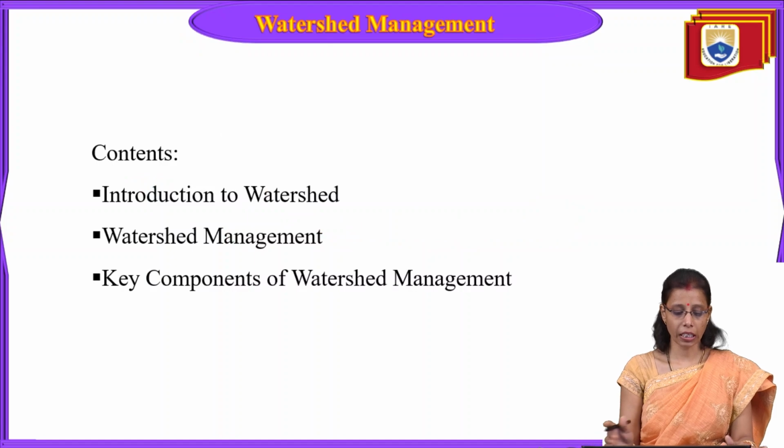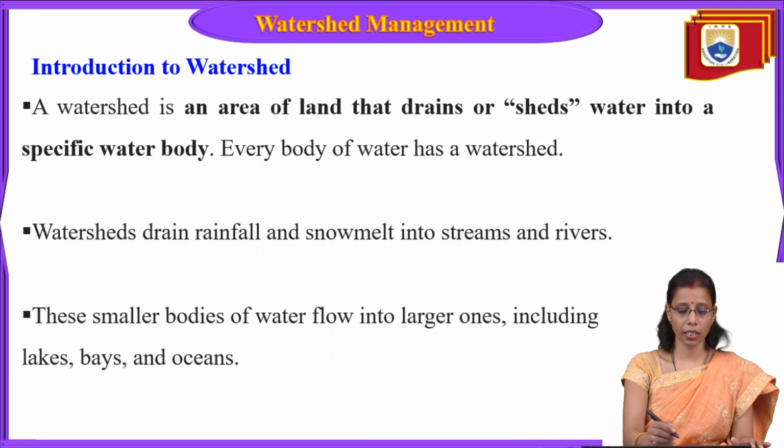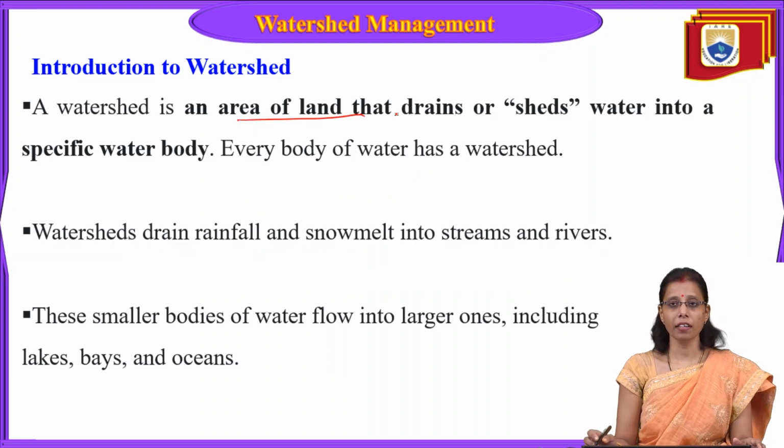We have different contents here: introduction to watershed management and key components of a watershed. First of all, we have to understand what a watershed is. A watershed is an area of land that drains or sheds water into a specific water body.